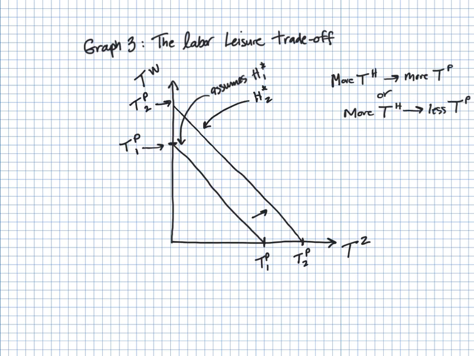One final thing I want to point out with this graph is that it's logical to think that if we spend more time producing health, we're going to have more health, and that's going to give us more productive time. But remember, at some point, we're not going to get very much additional benefit from spending more time producing health. So it is possible to have two different outcomes here.